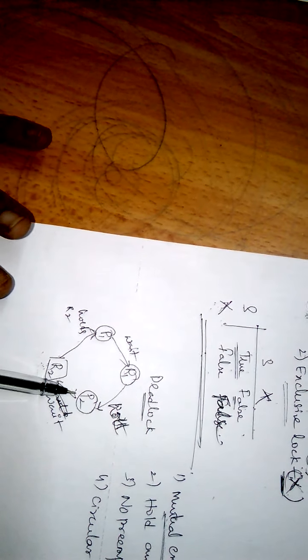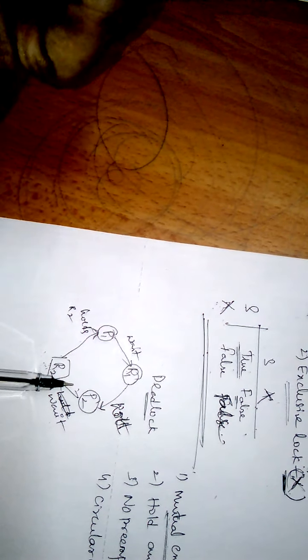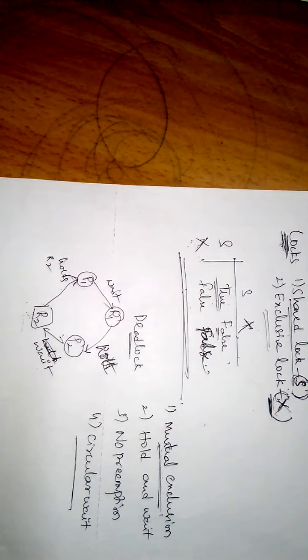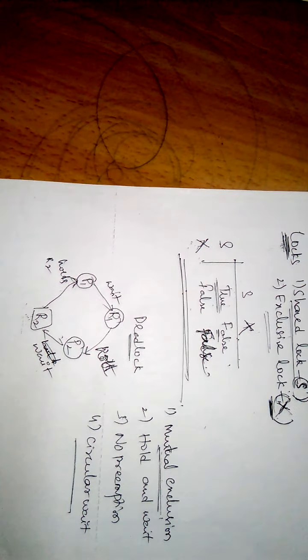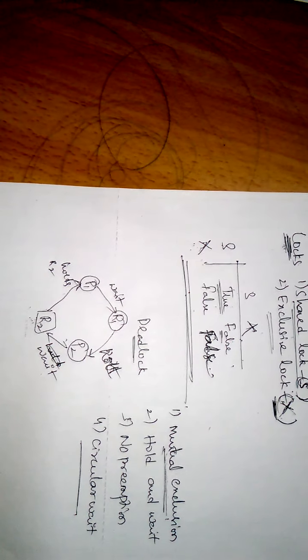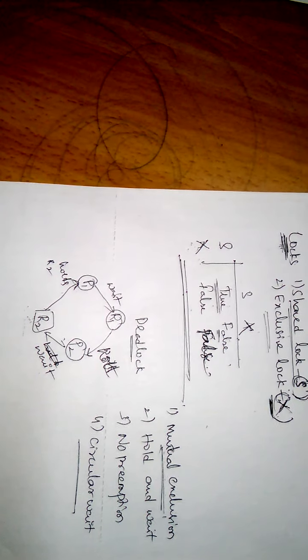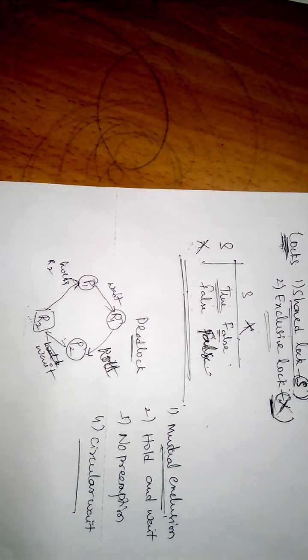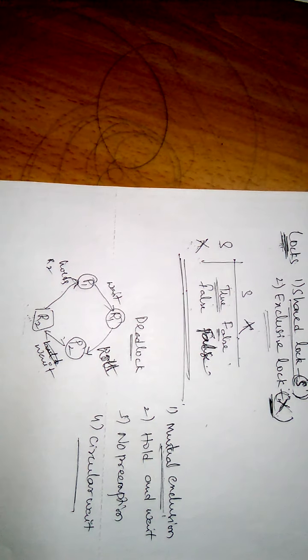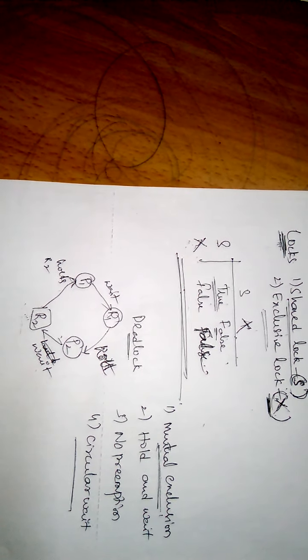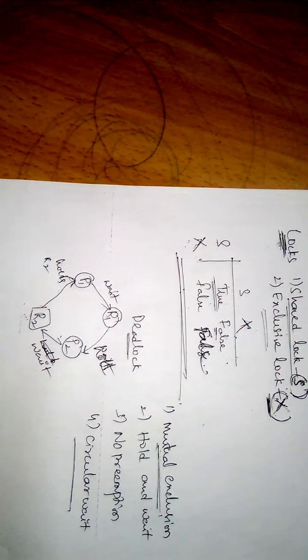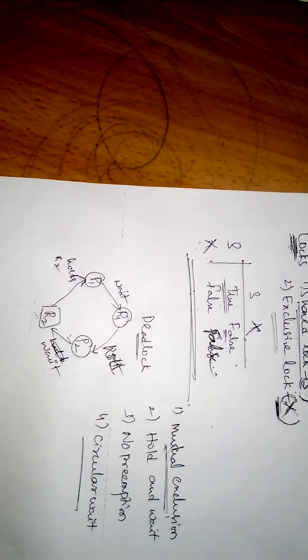That means the other process or transaction has to wait until the lock is released by the transaction which locked it. The next condition is circular wait. Circular wait means one process is waiting for a resource which is held by a second process, and the second process is waiting for a third process.